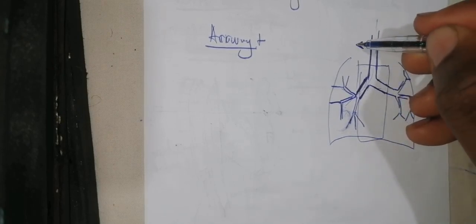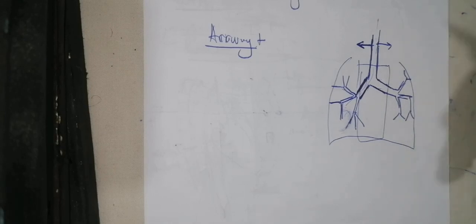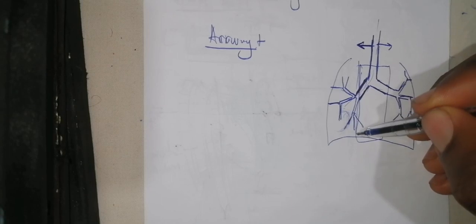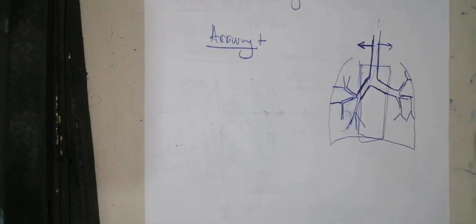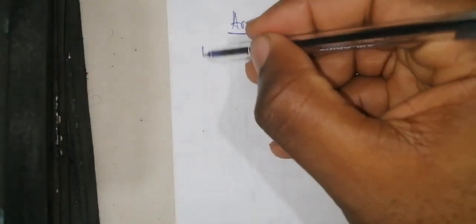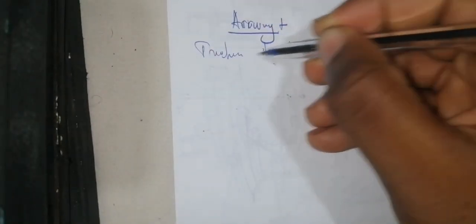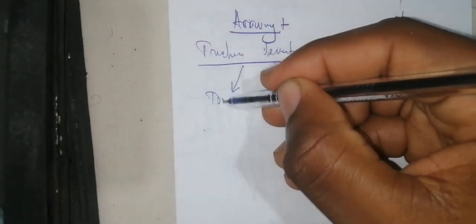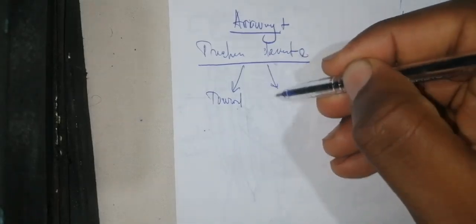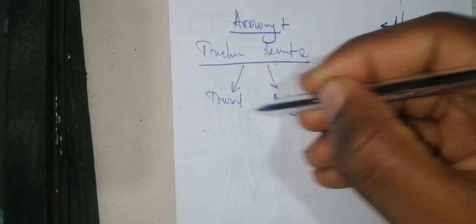Sometimes you may have deviation of the trachea without deviation of the mediastinum, but most of the time we have both. Is it clear? Now, when the trachea deviates, it can deviate either toward a lesion or away from a lesion.